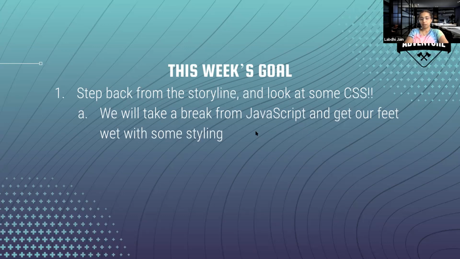So I decided rather than keeping with the same JavaScript, might as well take a little break and try out CSS. And the way that we're going to code today is you guys are going to tell me what we want to change, and then we're literally going to go on Google and search up CSS for it, and then copy and paste the CSS code, because that is basically how CSS works.